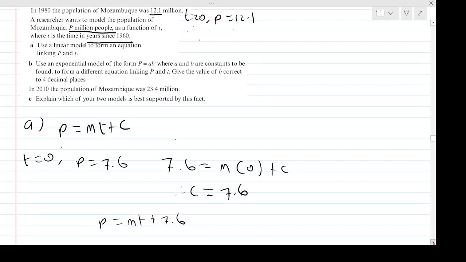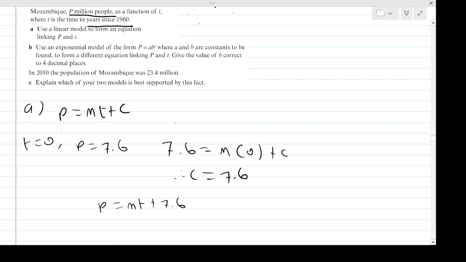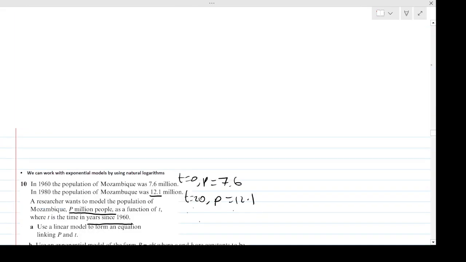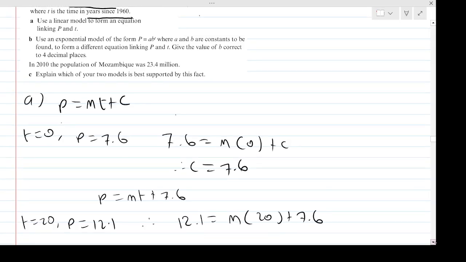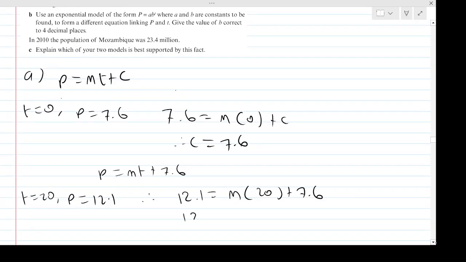So if I sub that in, t's 20 and P is 12.1. That means P, 12.1, is going to equal mt, so m lots of 20, add 7.6. So then 12.1, if I take away 7.6, I get 4.5. 4.5 is 20m.